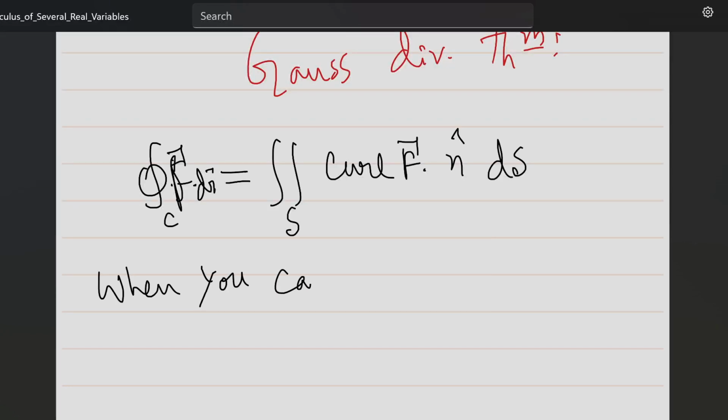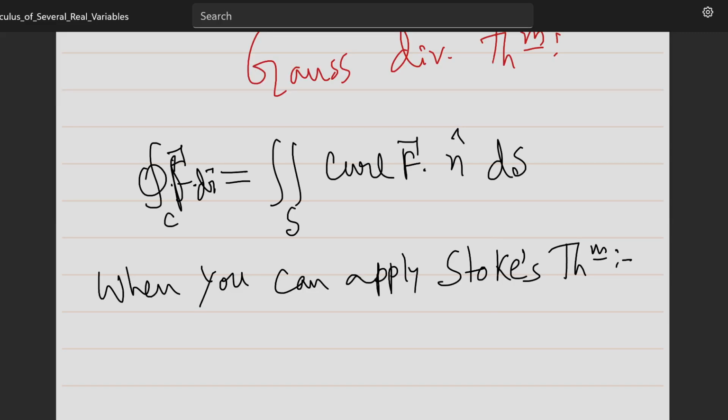When the vector field F is continuously differentiable everywhere. You have to tell something about the surface and this curve. Continuously differentiable is given, but sometimes the curve, the loop has to be closed.